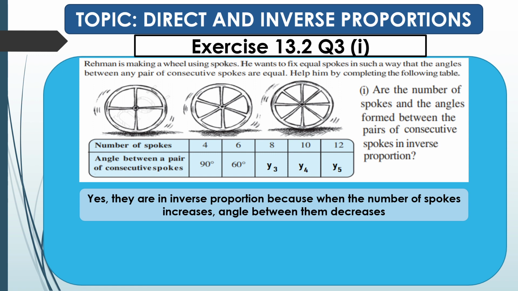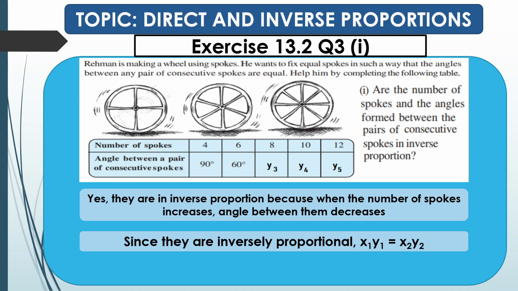And for 6 spokes, the angle is 60 degree. So as the number of spokes increased, the angle between the pairs of consecutive spokes decreased. This will continue for the remaining also.